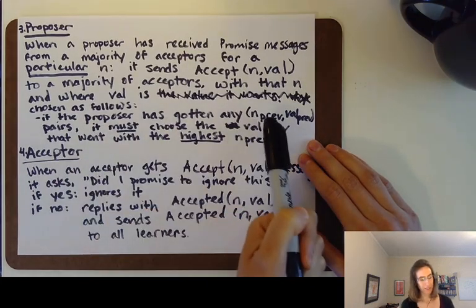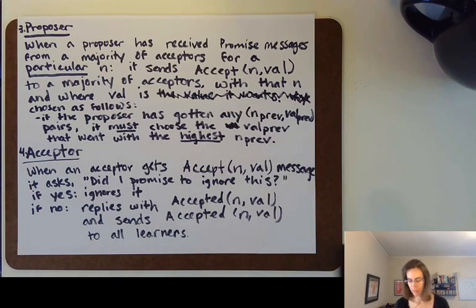If it hasn't previously gotten any of these n-prev, val-prev pairs, then it can pick anything it wants.